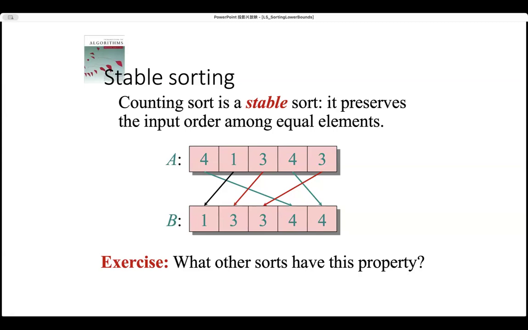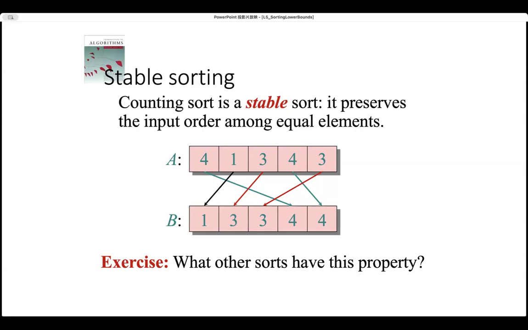What we are discussing here is if you have some values that are repeated in the input sequence. If that's the case, sometimes you want to preserve their order after you sort these numbers.